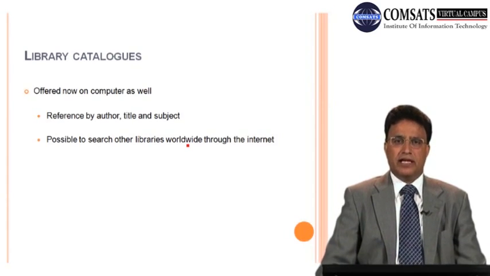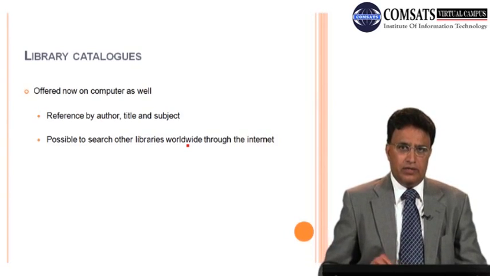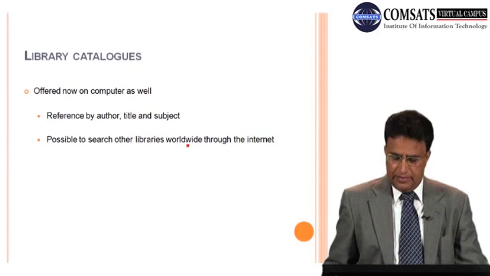Some famous libraries are the British Library in England or the Library of Congress in Washington. You can access their catalog online and find yourself what books are available in those libraries.